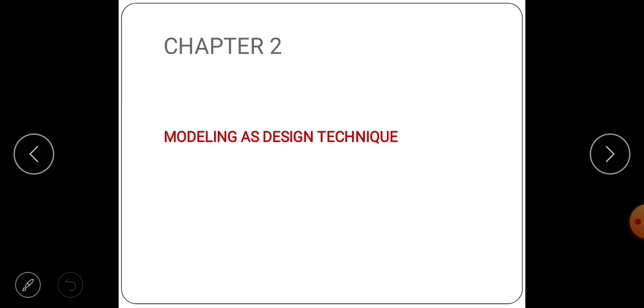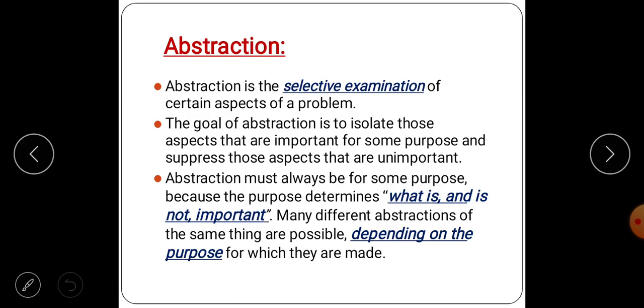The second chapter of the second module is modeling as a design technique. In this chapter, the first topic is abstraction. We already discussed something about abstraction in the OO theme.